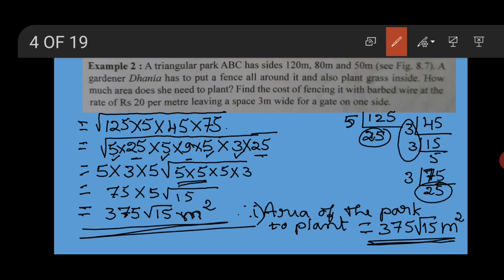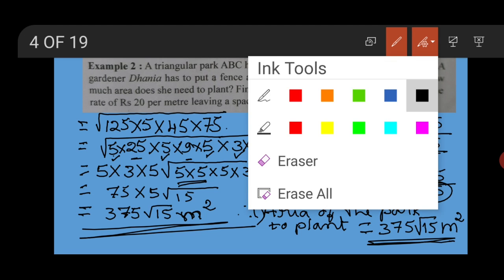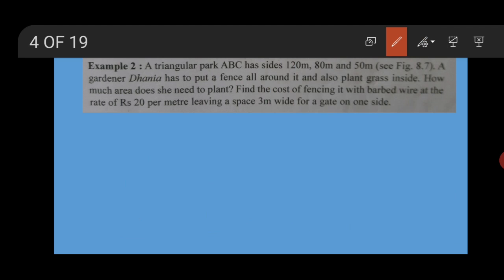Perimeter of the park. We need its perimeter. How can you find its perimeter? We know perimeter. Therefore, question number 2 is what?